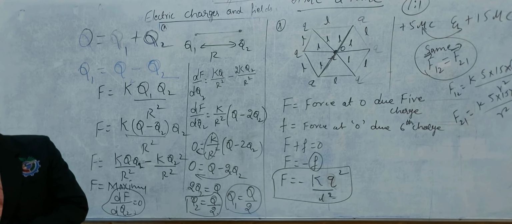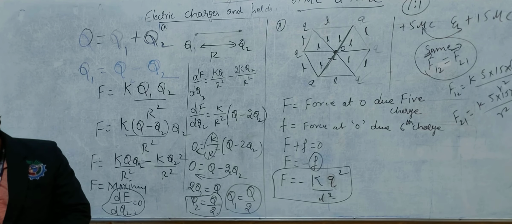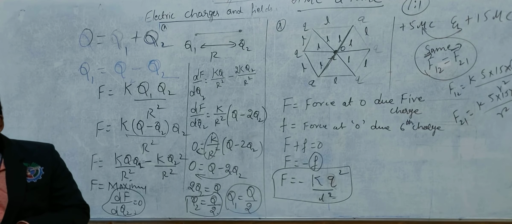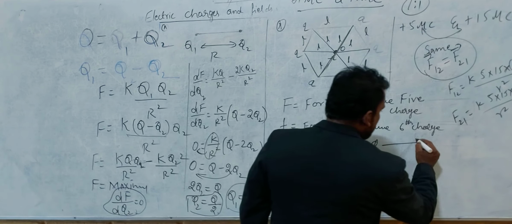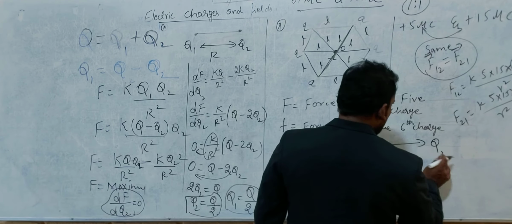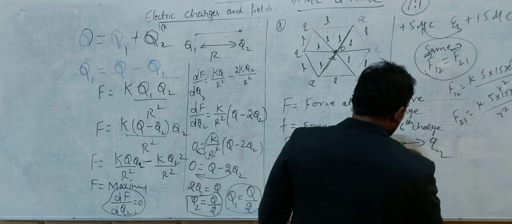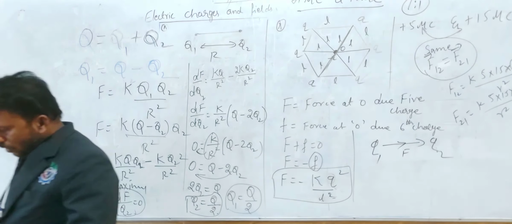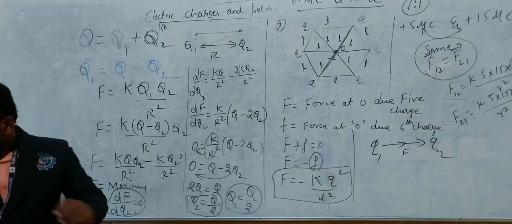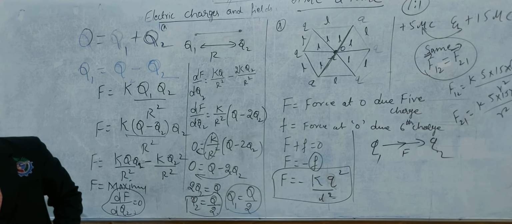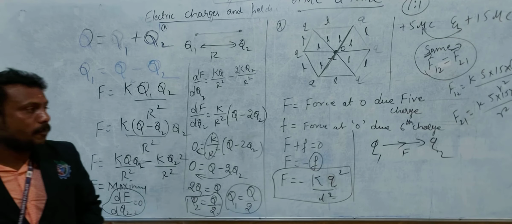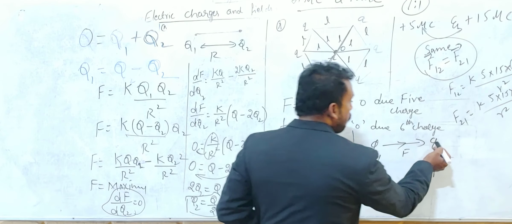Next question is, a charge Q1 exerts some force on a second charge Q2. If a third charge is brought near, what happens to the force of Q1 exerted on Q2?